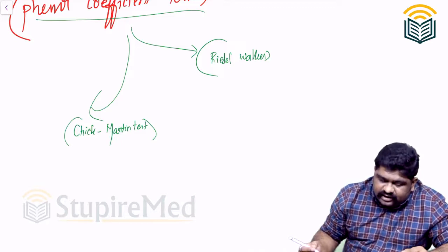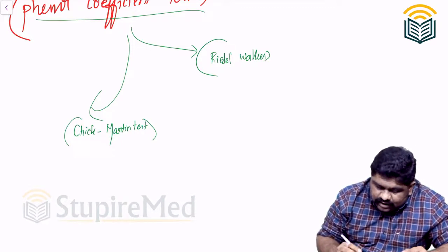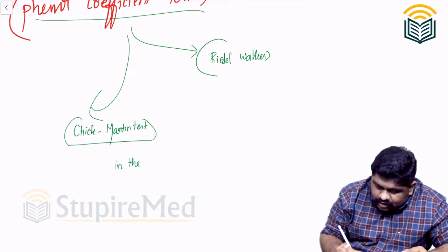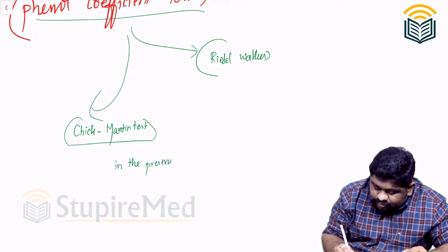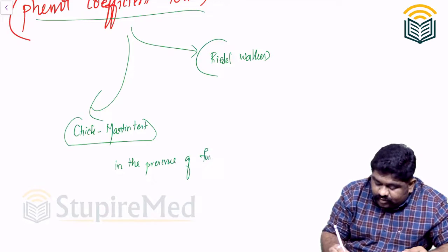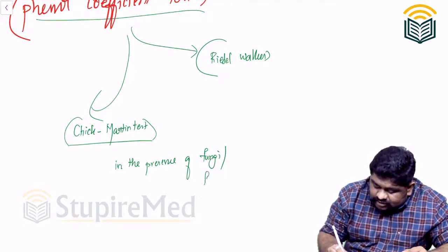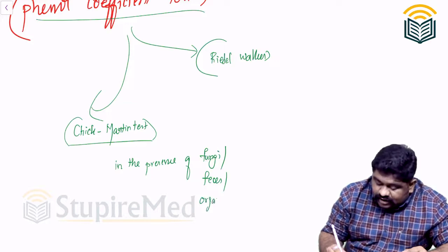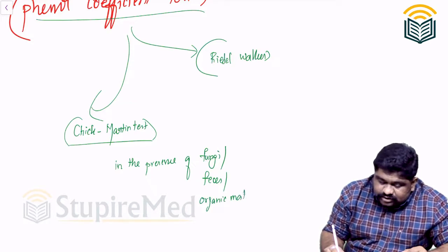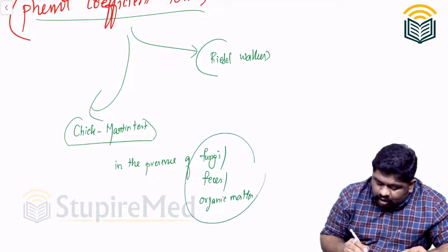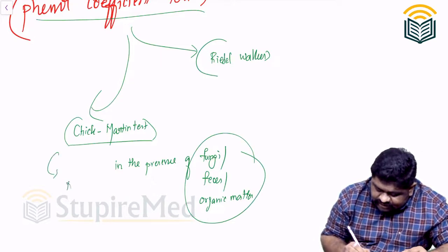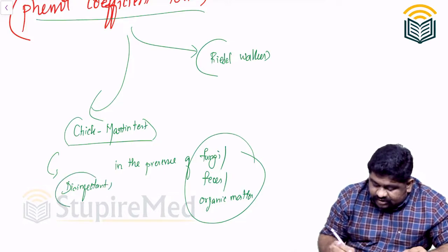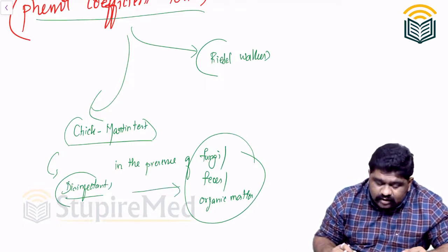This Chick-Martin test will be acting in the presence of feces or organic matter. The Chick-Martin test will look at the efficiency of the disinfectant in the presence of feces or organic material.